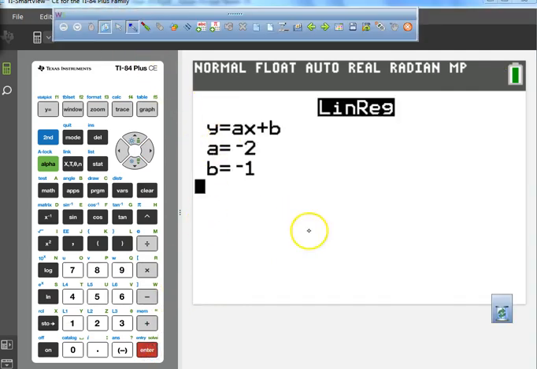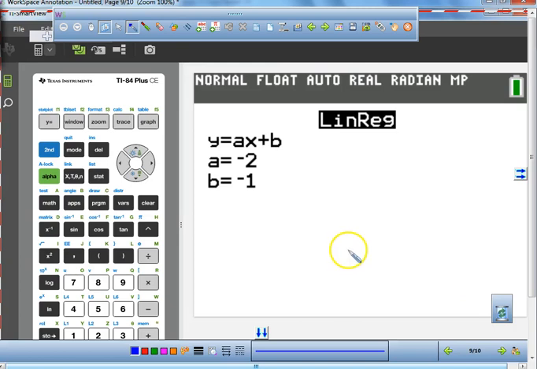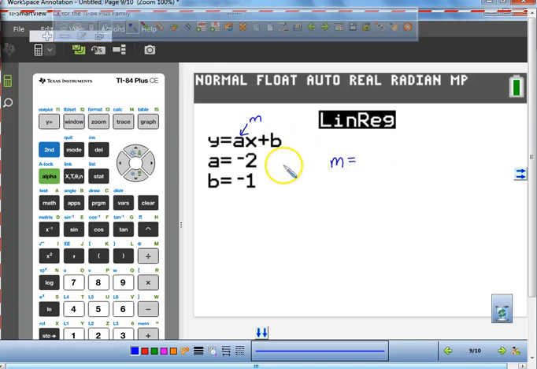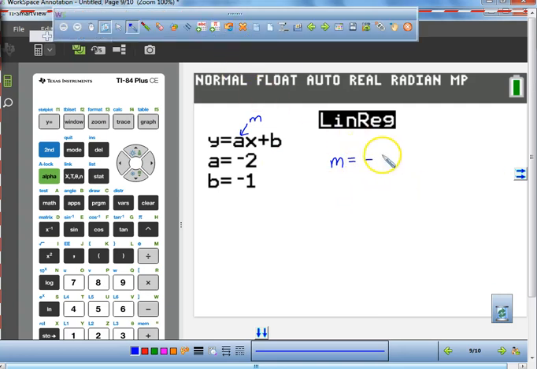Now, it gives you a couple of pieces of information. That A value represents the M value. What is our M value, our slope, equal to? Negative 2. What is the B value equal to? Negative 1. What does that represent? That represents something known as your y-intercept.